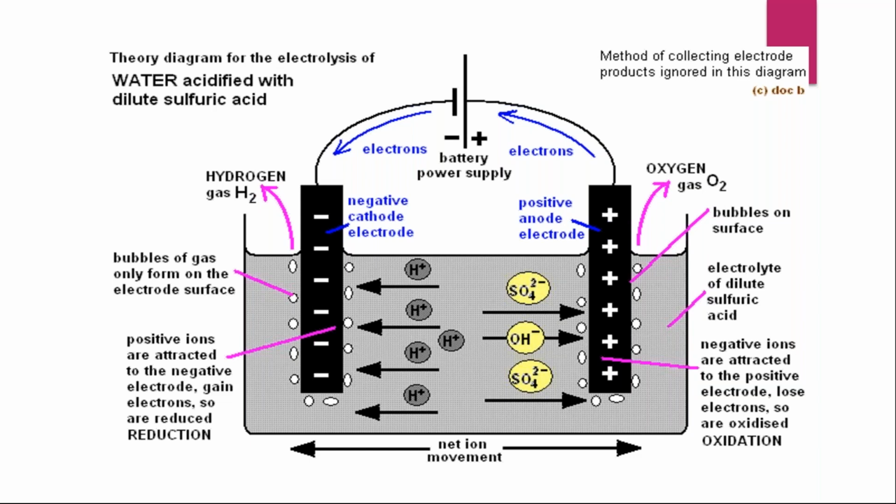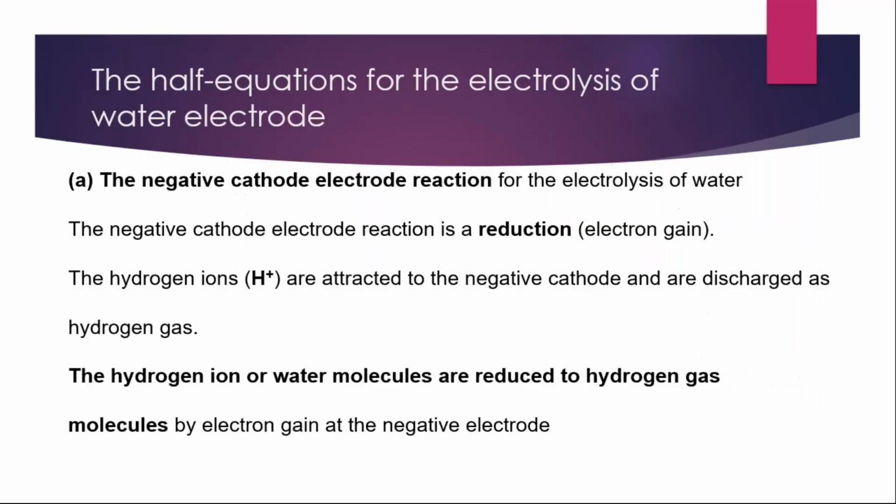So this preferential discharge takes place at the anode. This therefore results in the electrolysis of the water. 2 volumes of hydrogen are produced at the cathode, and of course we also have 1 volume of oxygen that is emitted from the anode. So that's exactly what happens in the electrolysis of acidified water, which is the H2SO4.